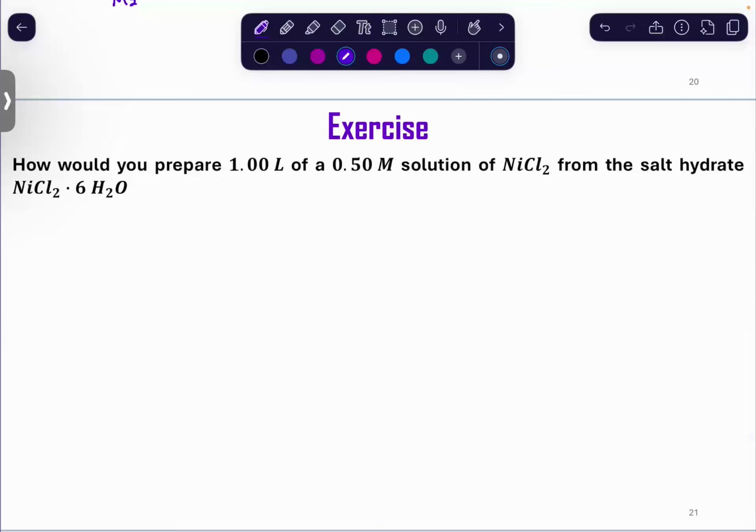So let's see, how would we prepare 1 liter of 0.5 molar solution of nickel 2 chloride? Make sure you can still name these, because remember, each chloride is a -1. If I have two of them, that means that nickel must be a 2 plus or nickel 2. Let's see, from the salt hydrate, nickel 2 chloride hexahydrate.